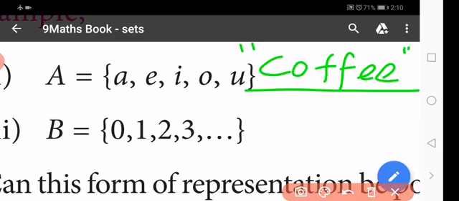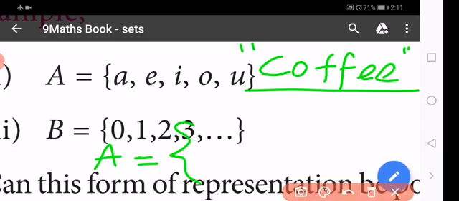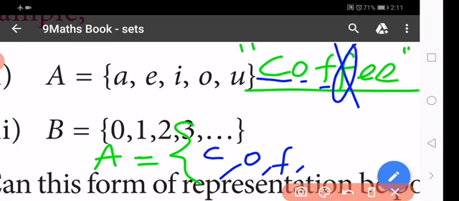In the roster form, we give one name, the set A is equal to, within the set notation, we write first letter C, comma, second letter O, comma, third letter F, comma, and fourth one also F. So we write only once in the roster form.